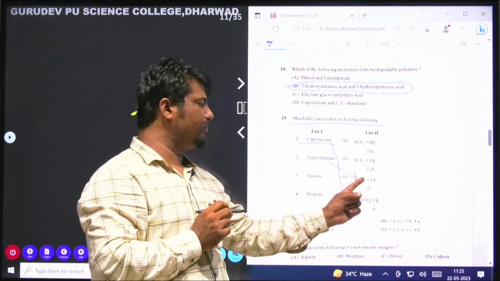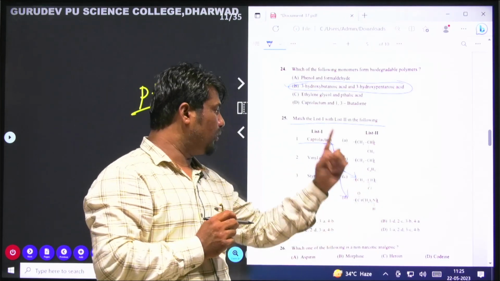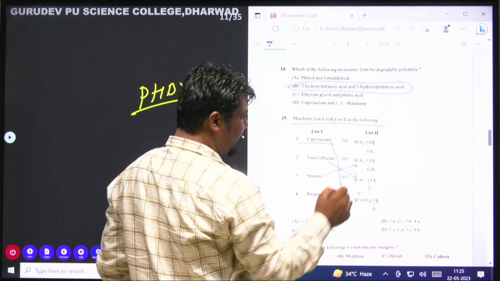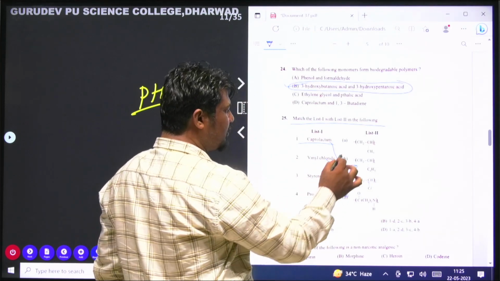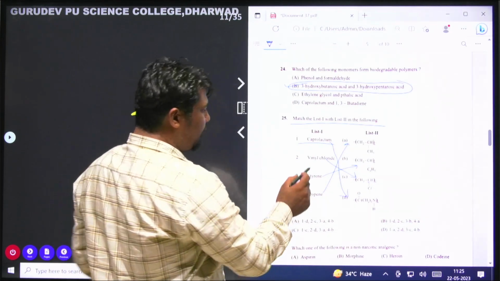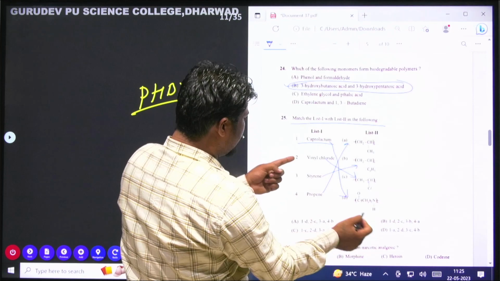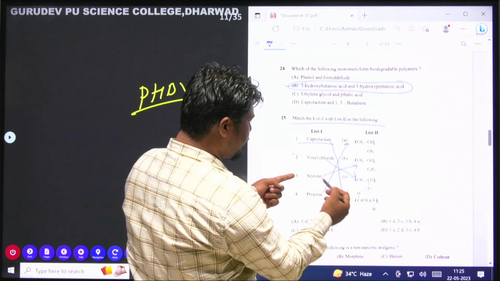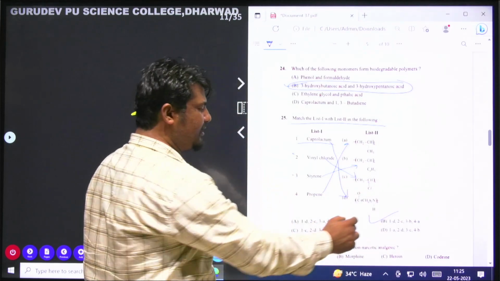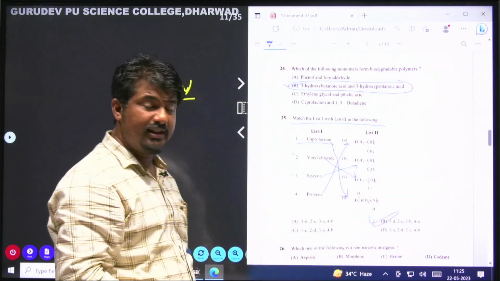For styrene, we are going to use this one. And for propene, it means option A. So for 1 it is D, 2 is C, 3 is B and 4 is A. So option B is the right answer for this matching.